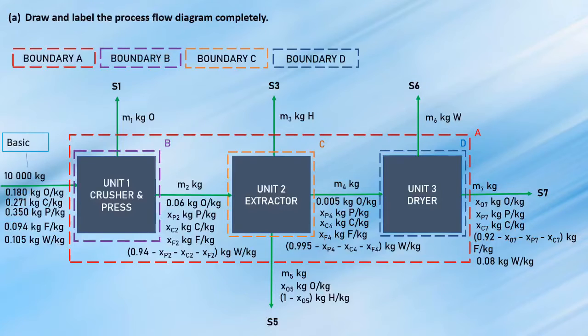As for the boundary, the overall boundary of the system is boundary A, which is in red color. The secondary boundaries are boundaries B, C and D, which is in purple, orange and blue color respectively.